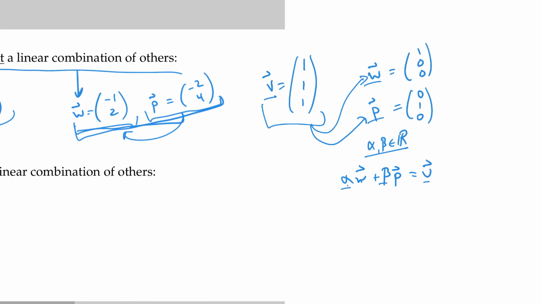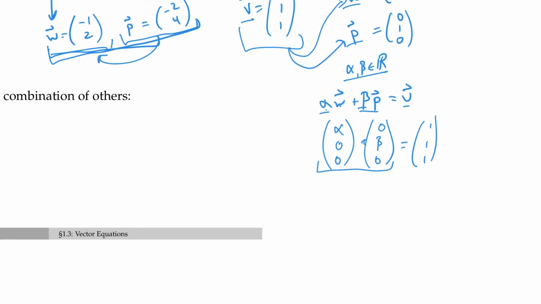All right, well, let's form alpha W. Alpha W is (alpha, 0, 0). Beta P is (0, beta, 0). And v is (1, 1, 1). That's a vector sum. I can do that. That's (alpha, beta, 0).